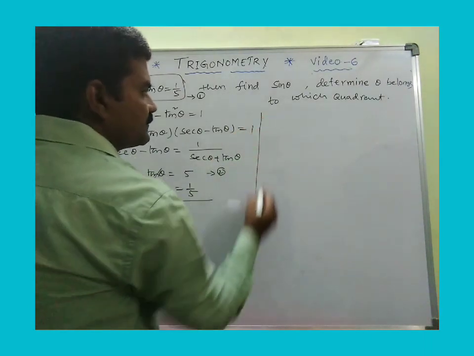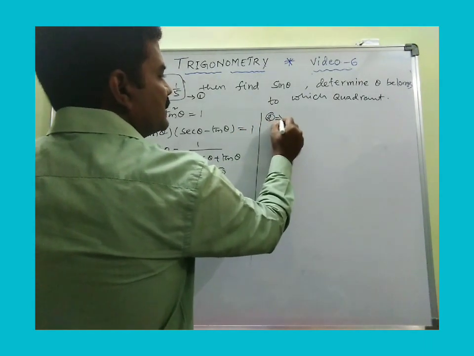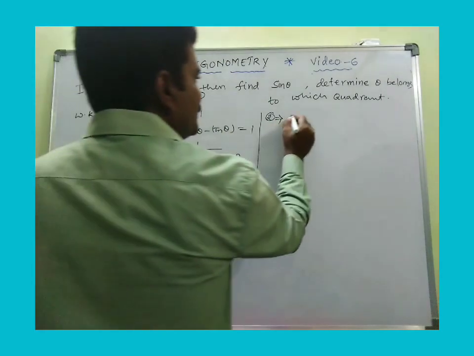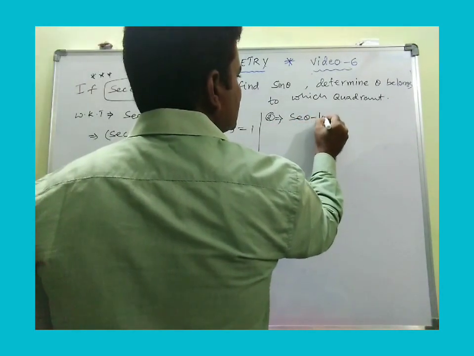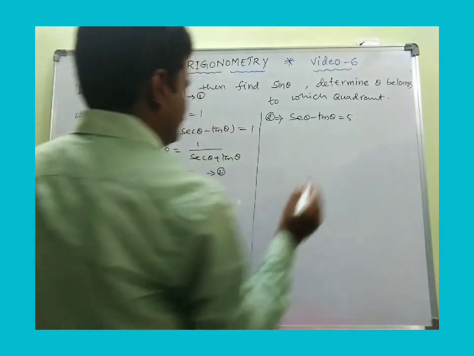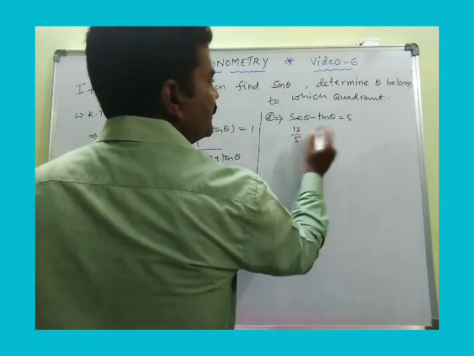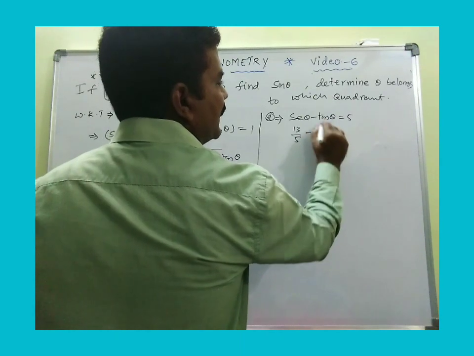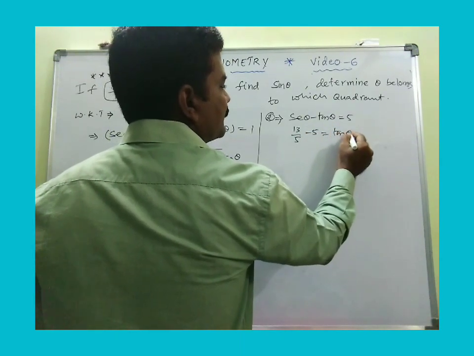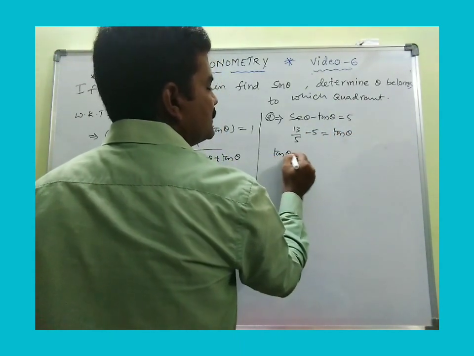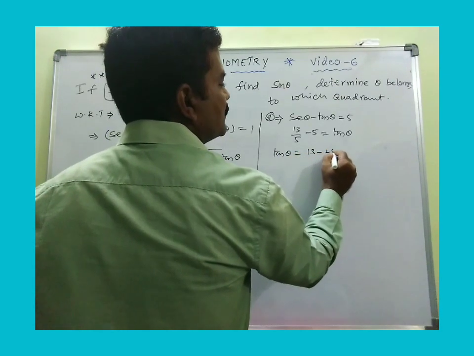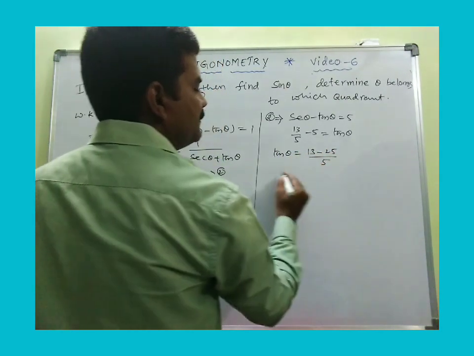So let us see. The second one is secant theta minus tan theta is equal to 5. And here I got the secant value as 13 by 5, so bring this 5 across and send the tan theta. Hence tan theta is equal to 13 minus 25 by 5.